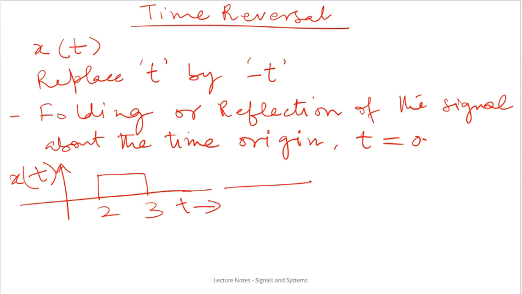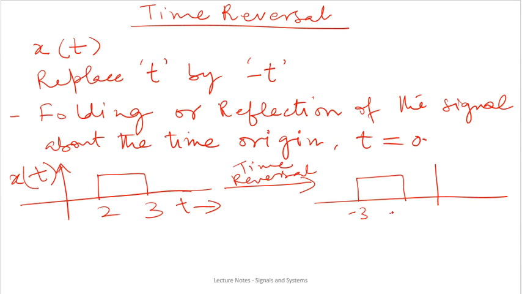So if you have to perform time reversal operation, then you just have to replace the independent variable t with minus t. So x of minus t will mean that you just have to obtain the mirror image of the original signal, mirror image about the vertical axis. So in this case, what will be the mirror image from minus 3 to minus 2? So this is x of minus t.